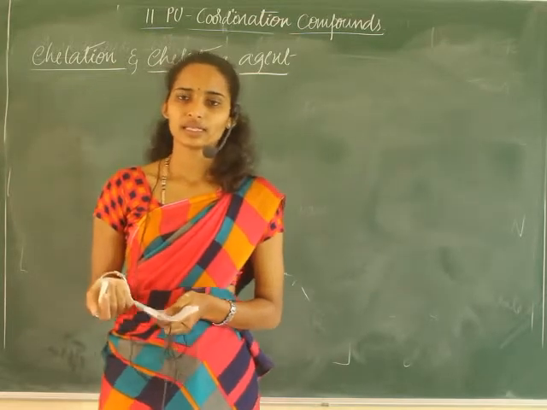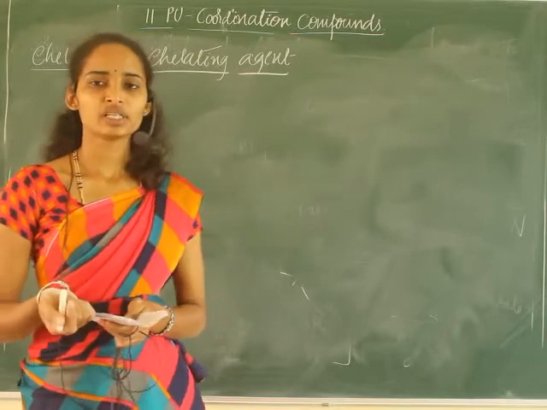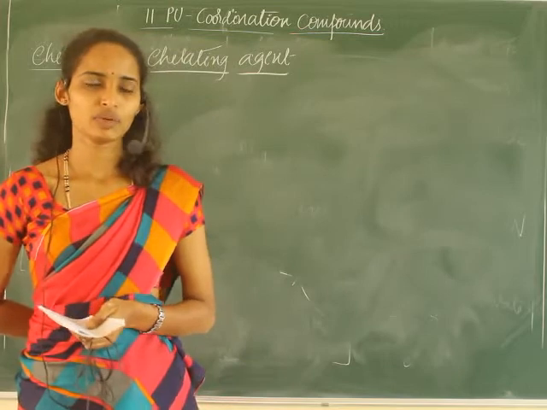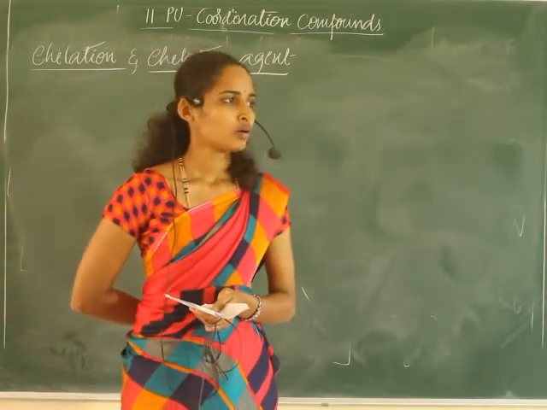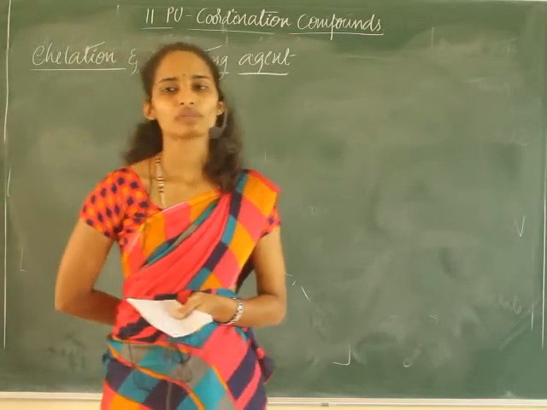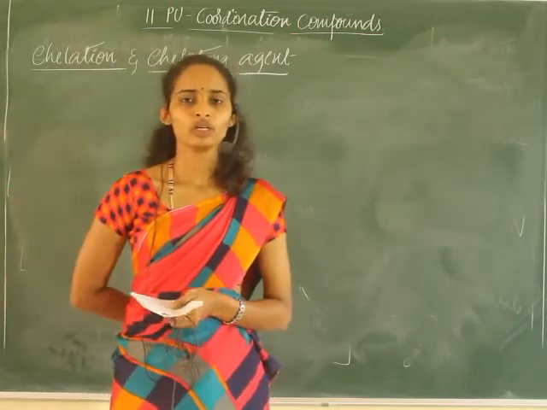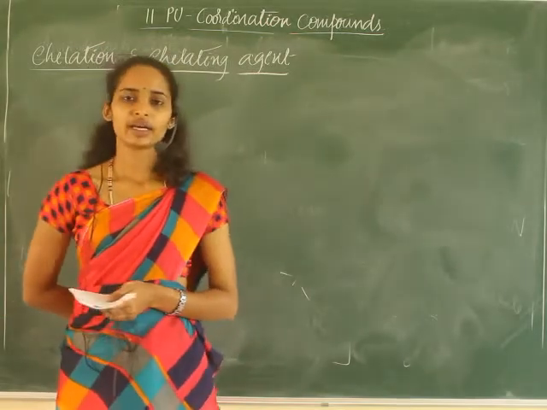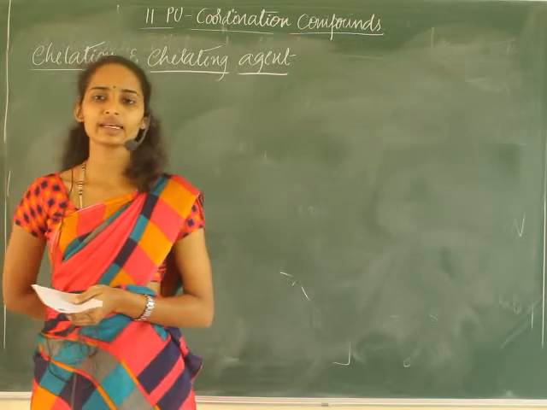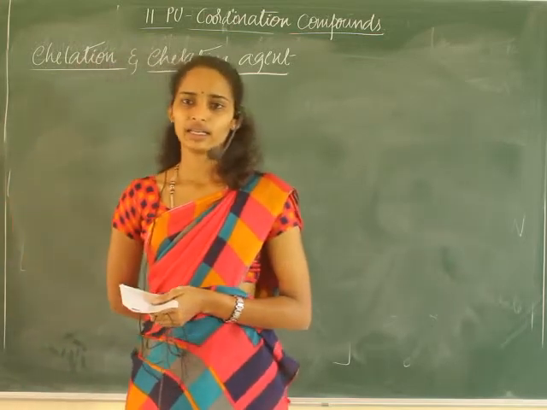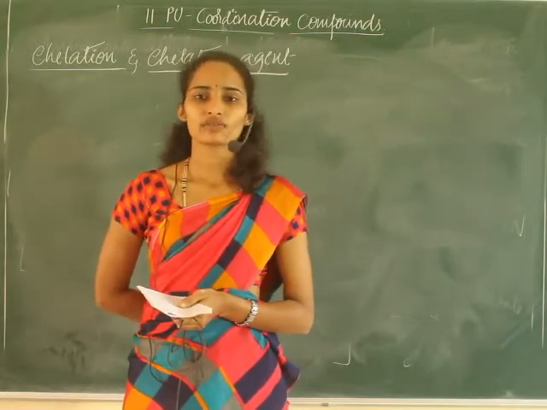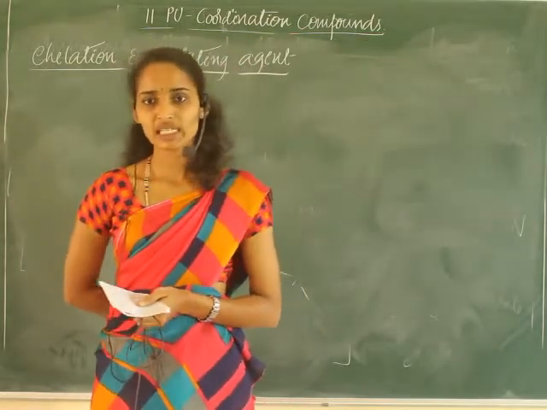That is, chelation is a process in which a polydentate ligand coordinates to a central metal atom and forms a ring. This process is called chelation, and that ligand is called a chelating agent. The complex formed by this is called a chelate.